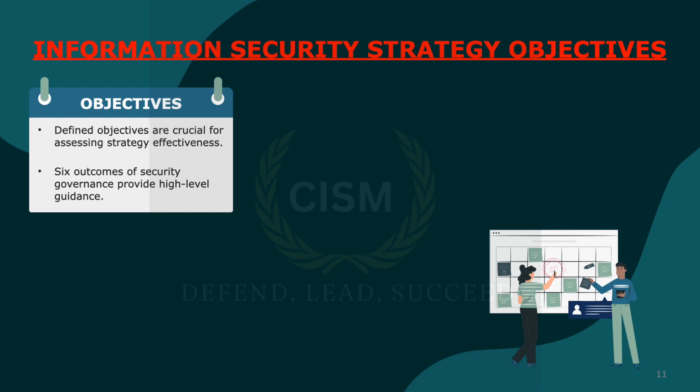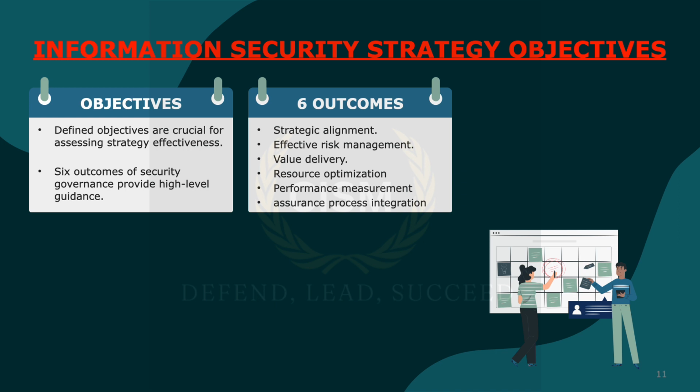Friends, having a clear goal is super important to know if your security plan is working well. Right? Friends, there are 6 main things that show if your security plan is on track or not. Right? Friends, these things give a big picture of how well security is managed. Right? Next, about the 6 outcomes.